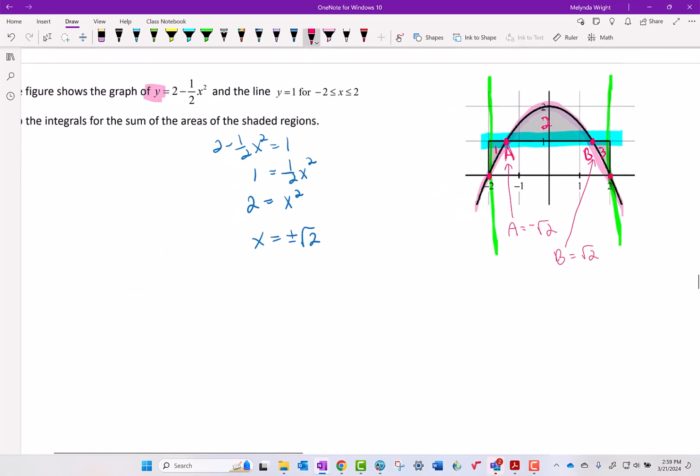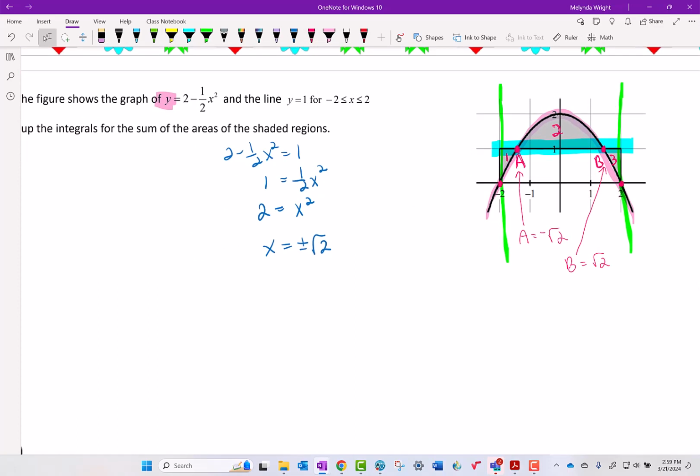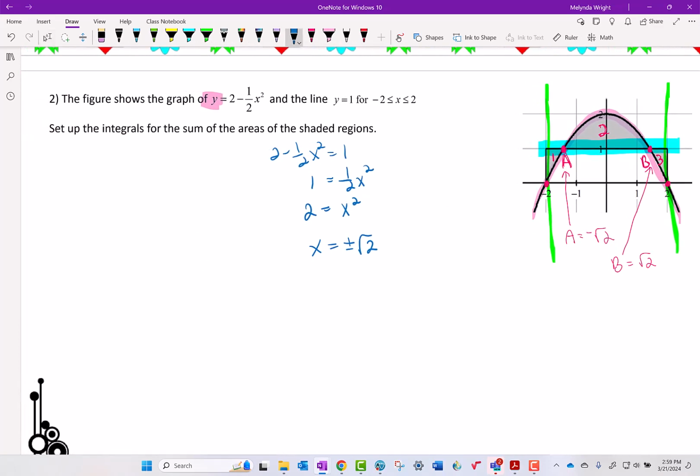Okay, so let's set up our work. We're going to integrate, this is section 1, from -2 to negative root 2, or you could write A, because we labeled it, it'd be fine. Big, which is 1, minus little, which is the pink one, 2 minus 1/2 x squared dx, plus.